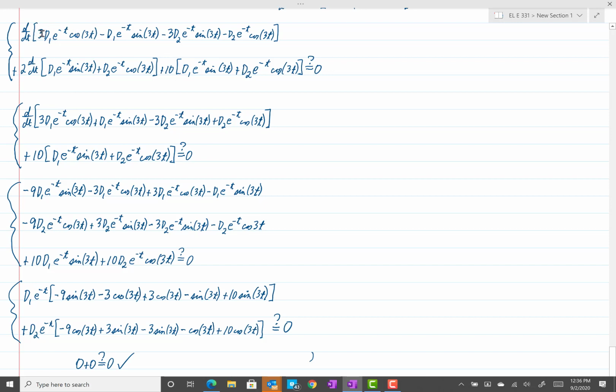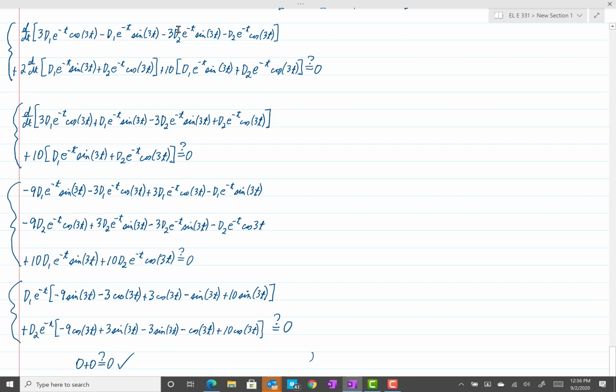Okay. This term right here, the first term up here, does indeed come down here. But then this next term will combine with 2 times this term. See, this is negative d1 there, but it becomes positive d1 there because we have negative d1 and then 2 times positive d1. So that's how we get a positive d1 e to the minus t sine 3t there.